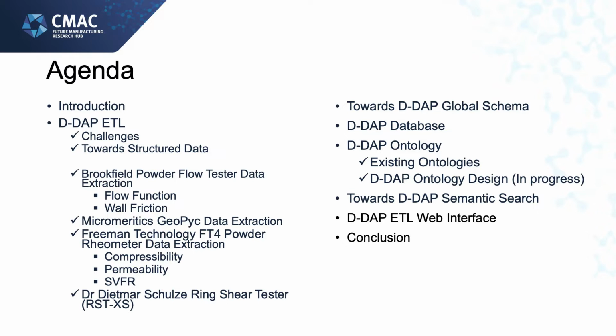How we are moving towards global data and the databases that we are developing for D-DAP, and the ontologies that we need for metadata handling and for making data FAIR and searchable. I'll also be discussing existing ontologies and the ontology that we are developing for the D-DAP project, and how we can use this for semantic search.